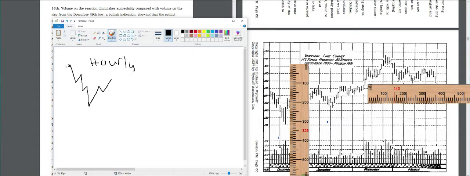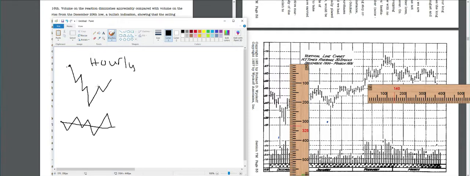So what happens is it goes down, down, down, and the wave volume is going to be like so: down wave is that much, up wave is that much, down wave is that much, up wave is that much, and so on.